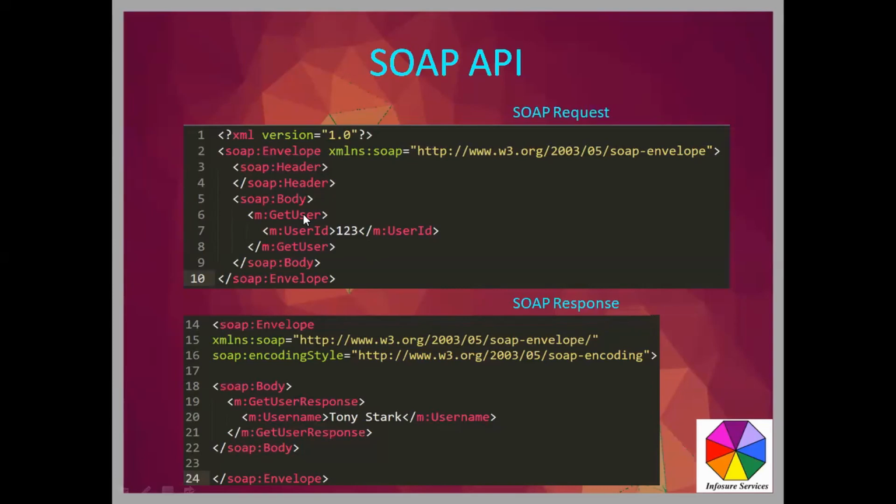Get user is a function, and you're passing this ID. Then comes get user response, which is coded at the other end. Whatever data the response is coded with, here the username for that ID, the username comes back. So that's a simple example for a SOAP request and a response.